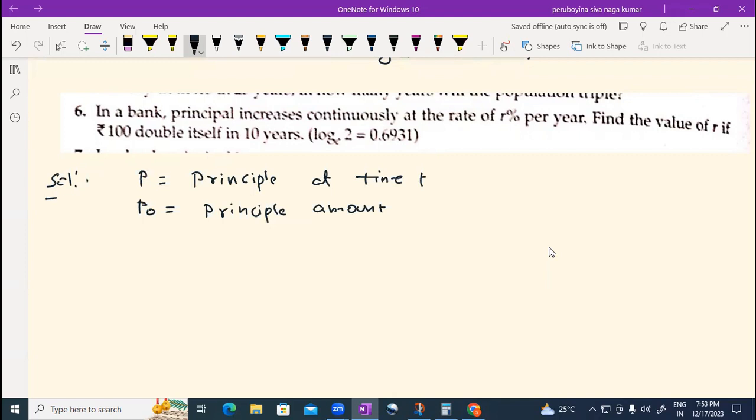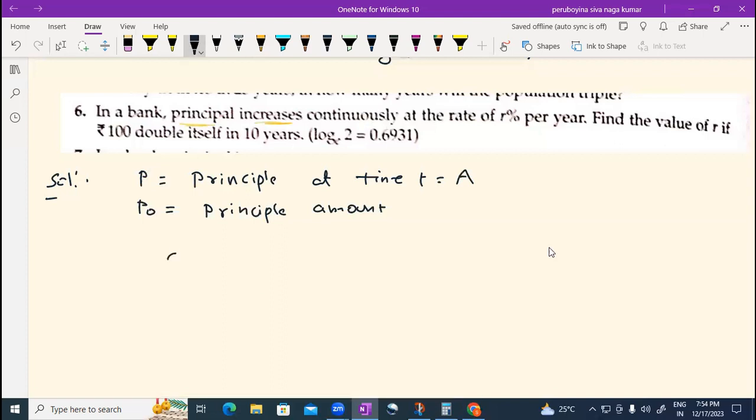In financial mathematics, this will be indicated with A. A means amount, at a particular time. But here we are mentioning this value as P, in general terms. P naught will be the initial value of the principal, or you can say simply the principal amount. R% be the rate of interest. What he said is the principal increases.